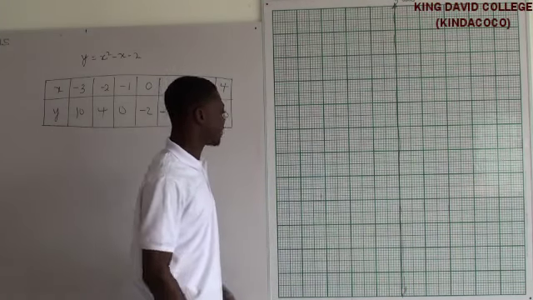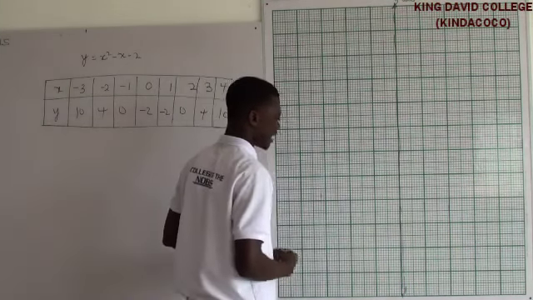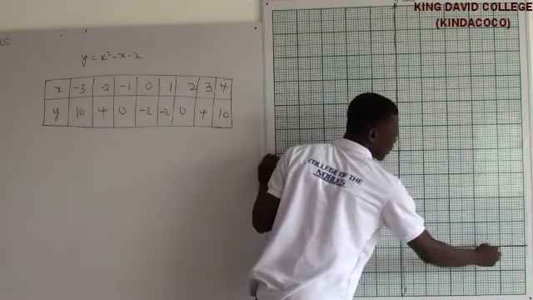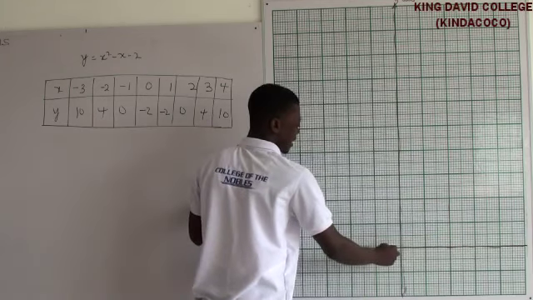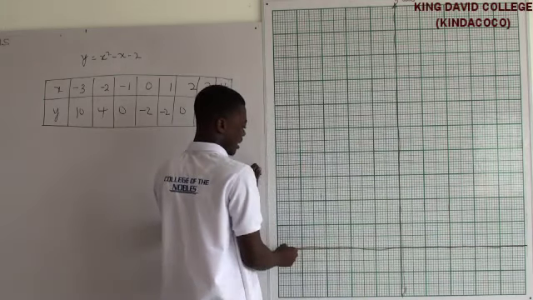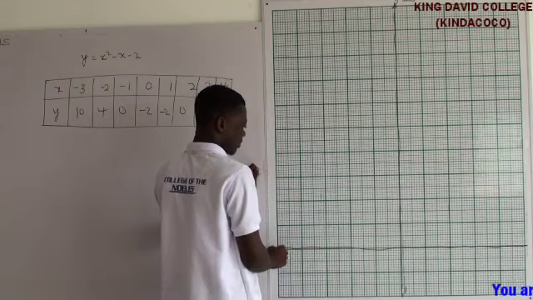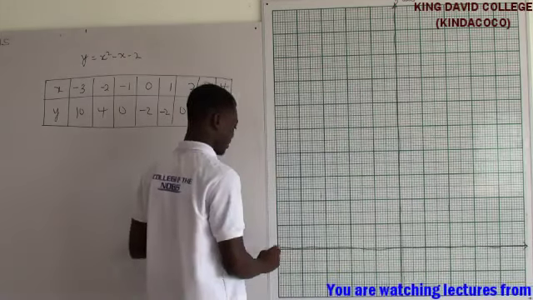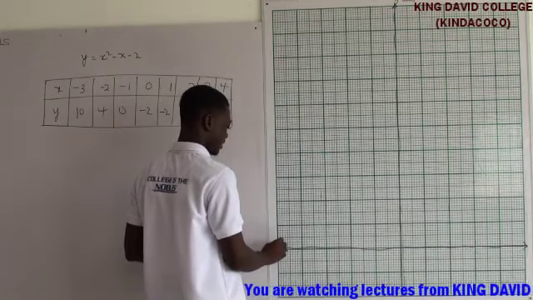So if you are having this here, then we can say that, okay, then let's draw the line here, basically. So we are drawing the line here, okay? So we draw our line here. So then this becomes our x-axis, okay?